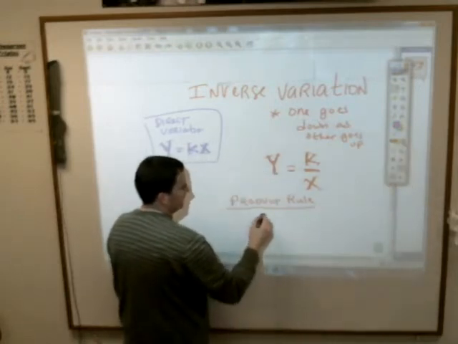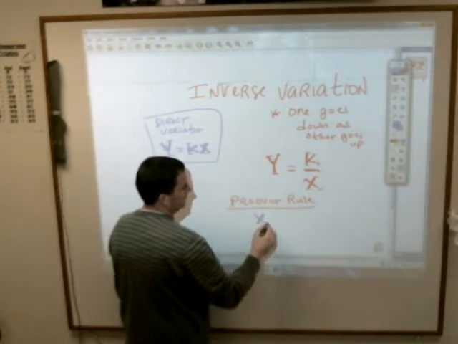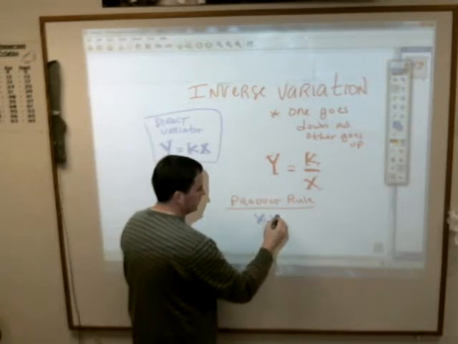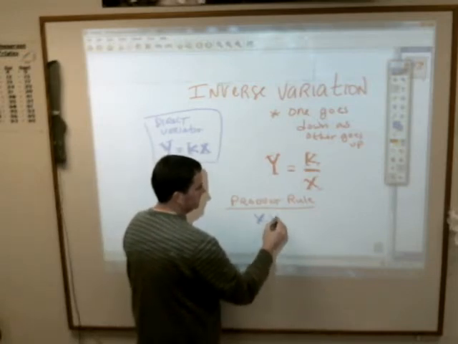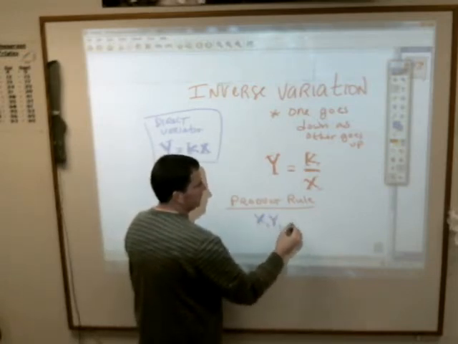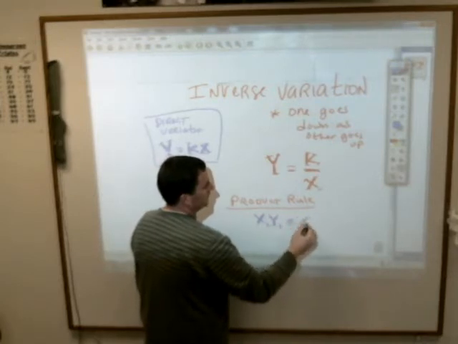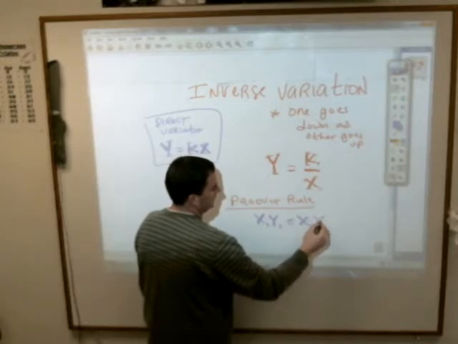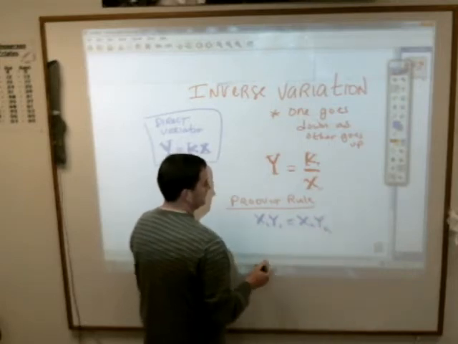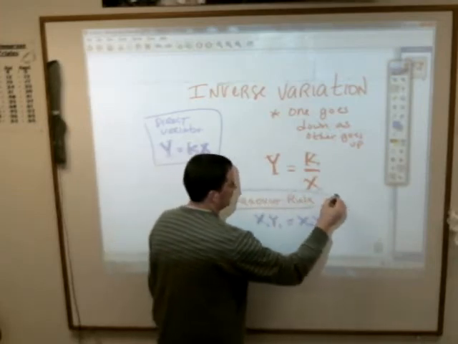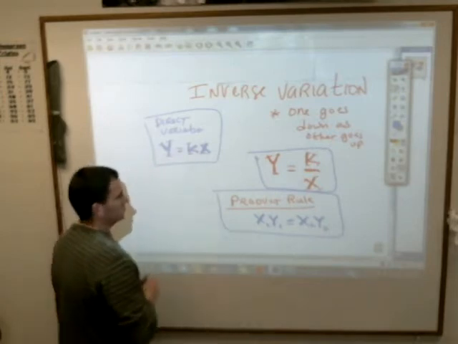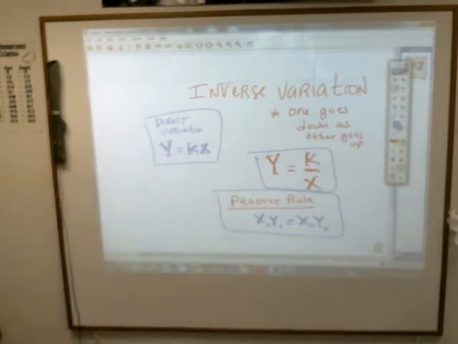Product rule is x sub 1 times y sub 1 equals x sub 2 times y sub 2. This is the product rule. These two formulas right here will get you through most things in inverse variation. Because here's what they will ask you.